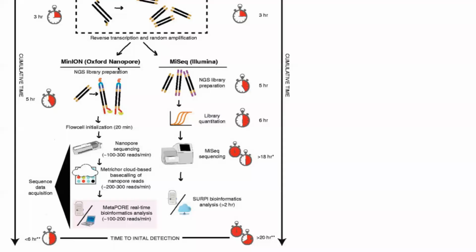You can see here that essentially in a couple of steps and in less than 6 hours, you can get a detection, right? Typically what we mean by detection is presence or absence of specific types of pathogens. In Illumina, you're talking about several different steps and over 20 hours that are needed to get to a final result, right? So that could play a big role in your selection of technologies.